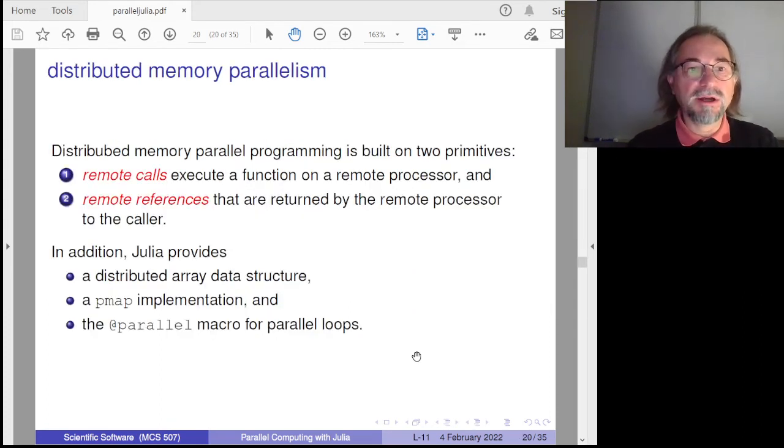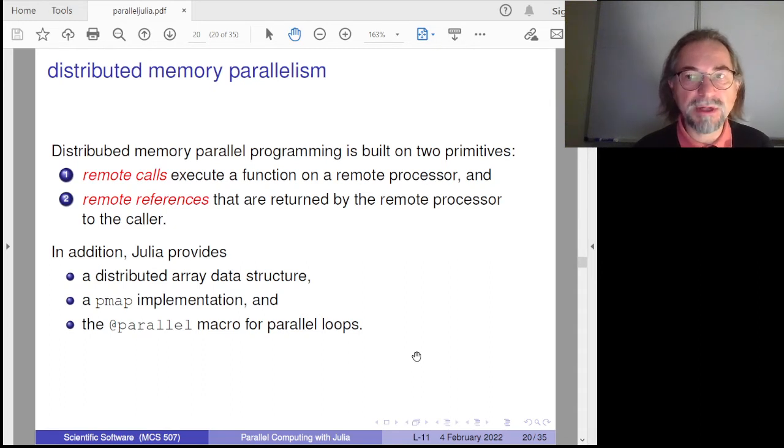Okay, so distributed memory parallelism. There are two primitives here: remote calls and remote references. Julia provides distributed array data structures, which we have not exploited here, but we have seen the PMAP implementation.